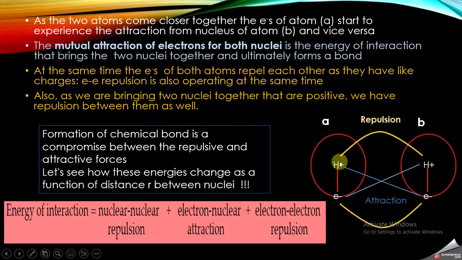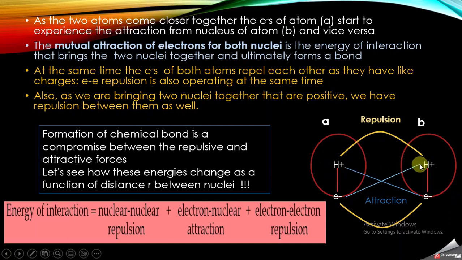So as the two hydrogen atoms come closer to each other, a new force of attraction arises, which I have represented by this blue line, and I have written this attraction in blue as well. Similarly, there is a repulsive force between the two hydrogen nuclei because they are positively charged.